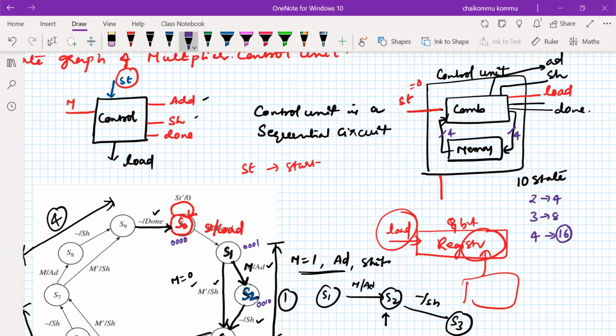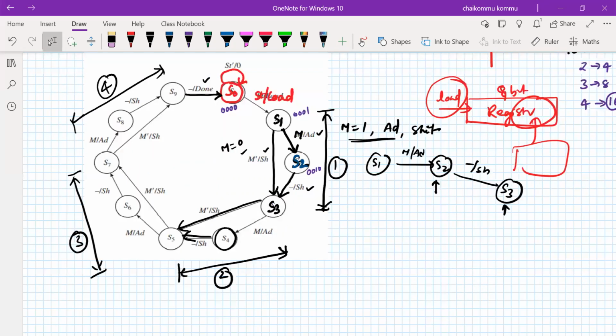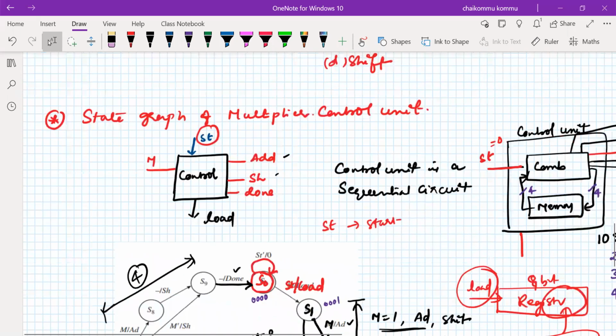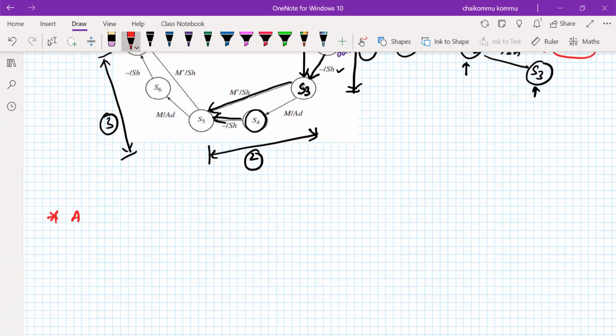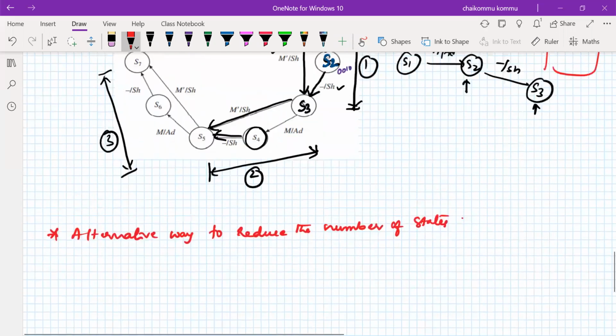Okay, is there any other alternative way to reduce the number of states? That's the question. Yes, it is possible to reduce the number of states by dividing the control unit.